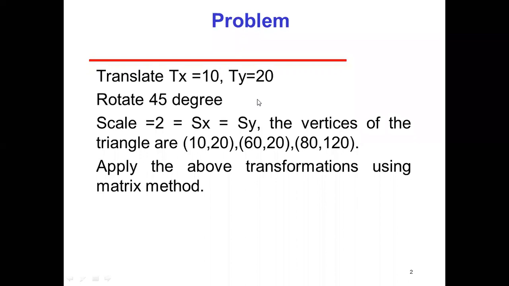Those new coordinates will act as the old coordinates for the third transformation, scaling, and at the end we will apply the scaling matrix. It is not a very tough question.